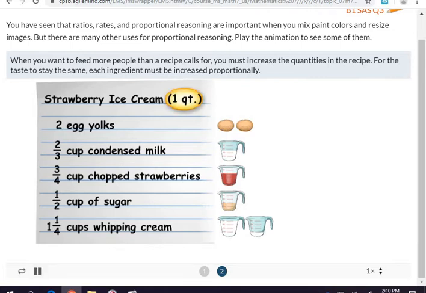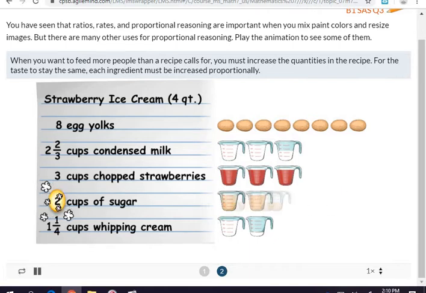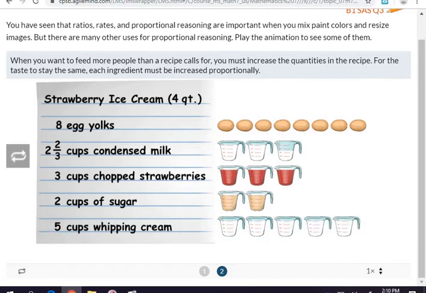Here, they're quadrupling the recipe. So they need 4 sets of eggs, 4 sets of 2/3, 4 sets of 3/4, 4 sets of a half, and 4 sets of that whipping cream for that recipe. So they quadrupled it. If they forgot to quadruple one of those items, would it taste right?